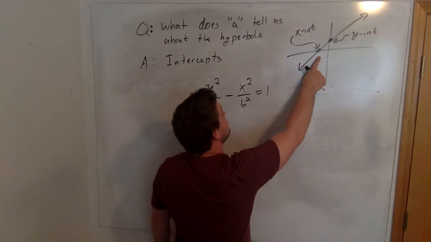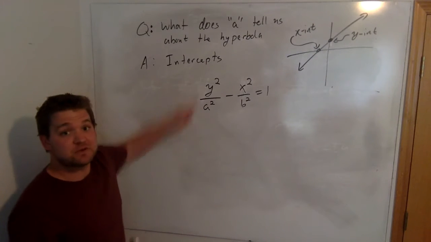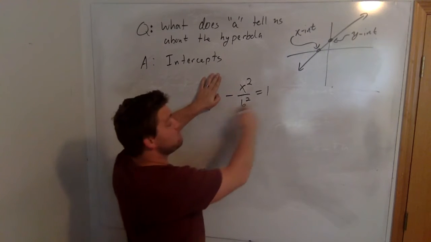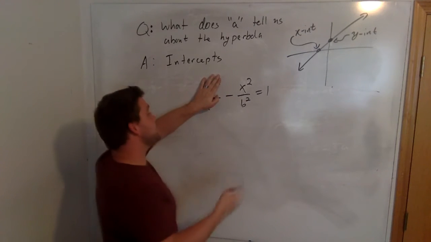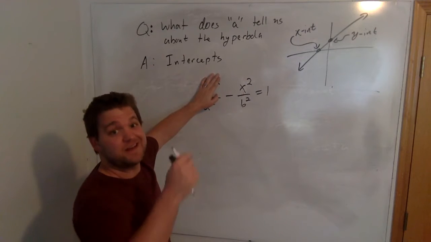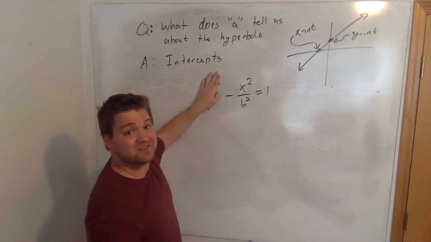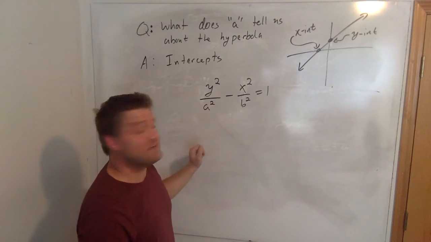An x-intercept is when y would be equal to 0, so this piece would get zeroed out, and if you multiply both sides by b squared, you get negative x squared equal to b squared. You get a negative equal to a positive, a contradiction. This does not have x-intercepts, but it does have y-intercepts.